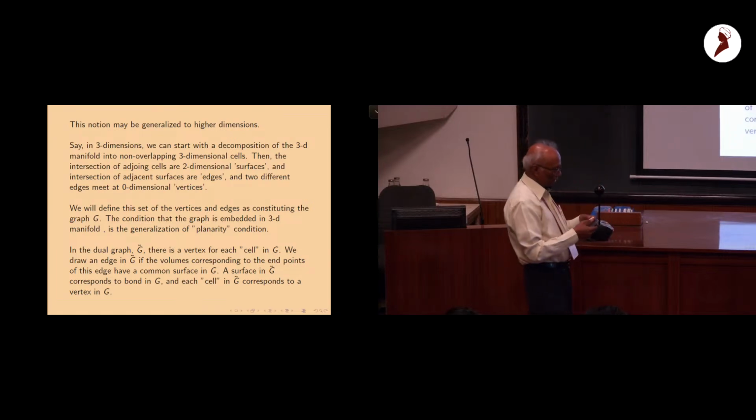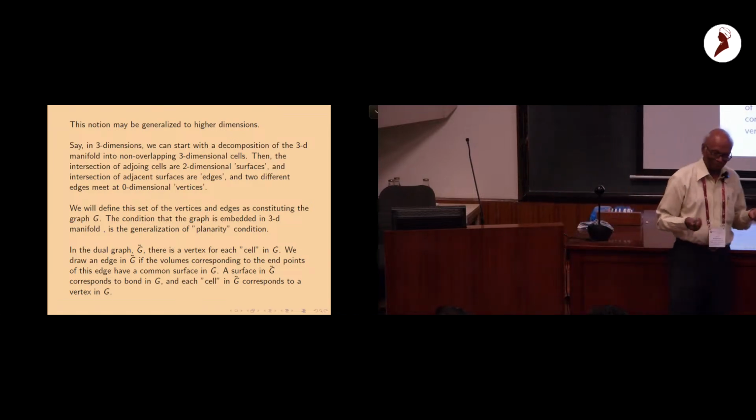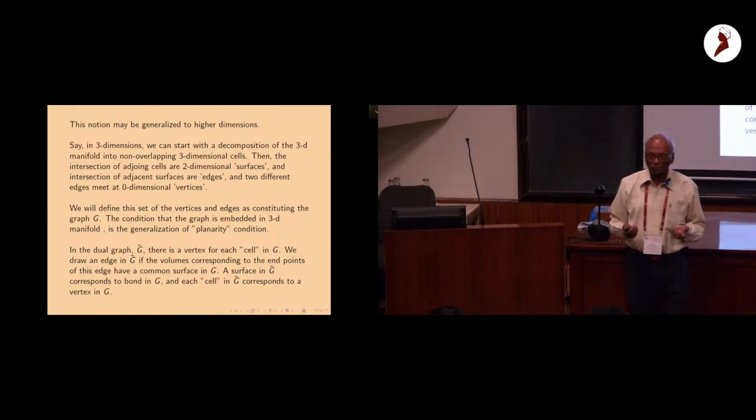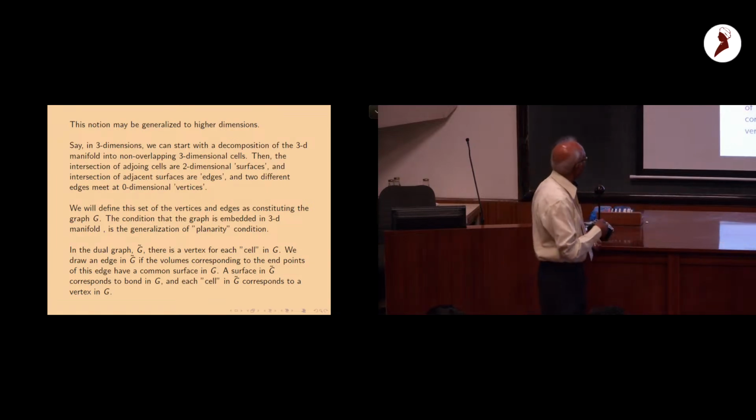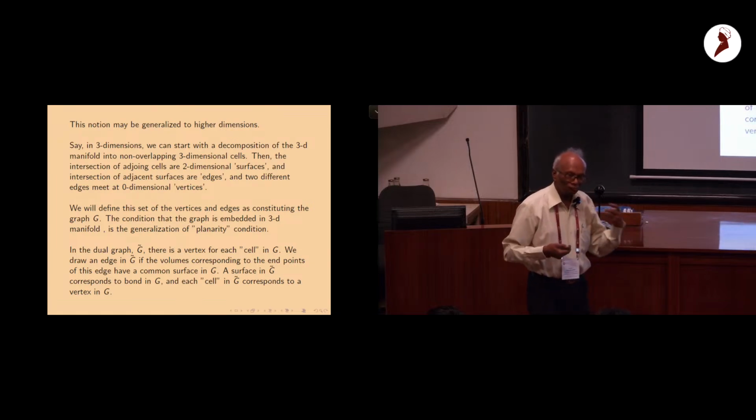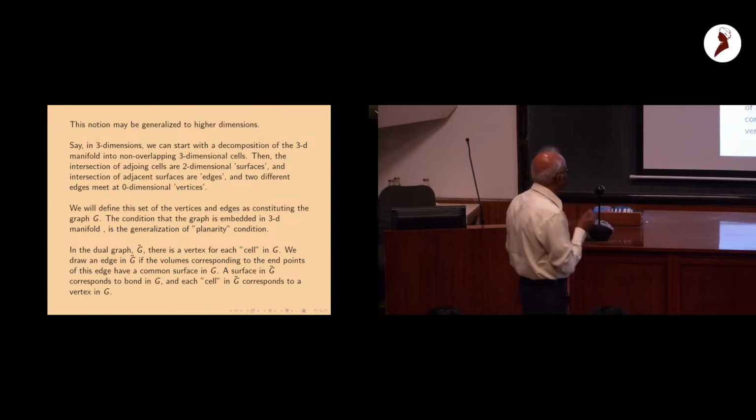And if you take 2 faces, they might intersect on a line, they may have a common line. And if you take 2 lines, they may have a common vertex. Okay, so that is how you go down in dimension. So this we can do even in 4D. This is even harder to draw, but I can imagine.